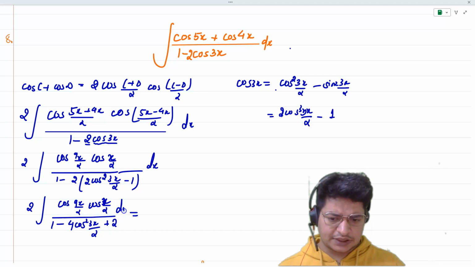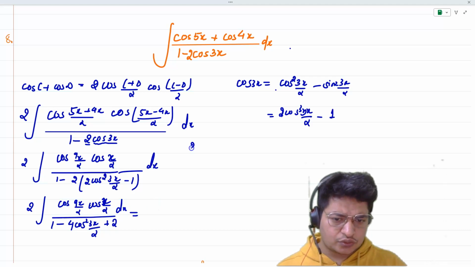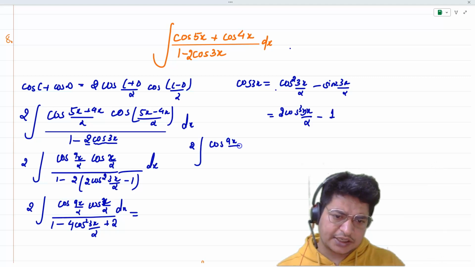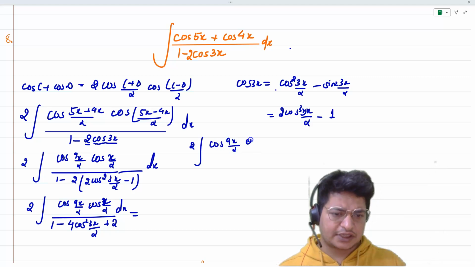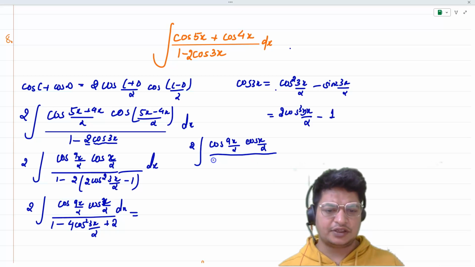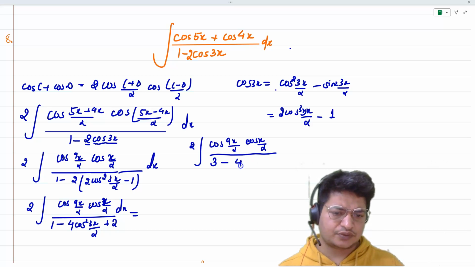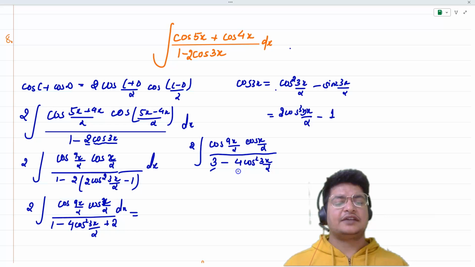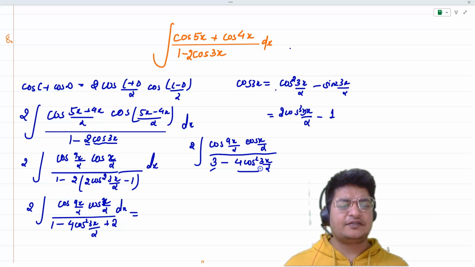So basically you will get 2 times cos of 9x by 2 and cos of x by 2, and the next denominator you will write as 3 minus 4 cos square 3x by 2. Now we are having 3 and 4, so there's a chance that we can change this into the form of cos 3x.